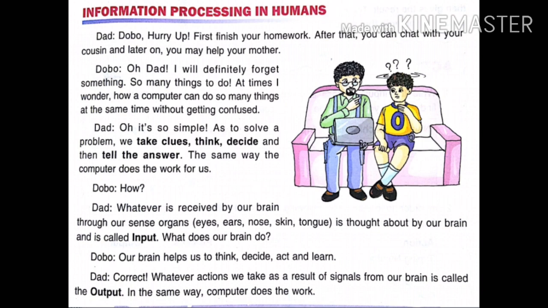Dad: Whatever is received by our brain through our sense organs is thought about by our brain and is called input. What does our brain do? Dobo: Our brain helps us to think, decide, act and learn. Dad: Correct.